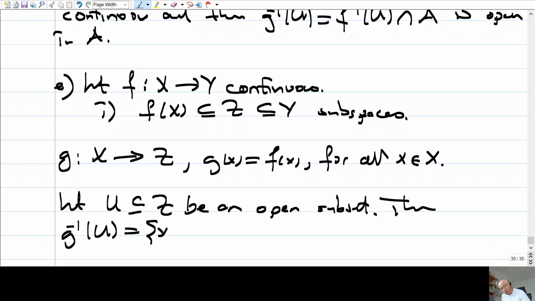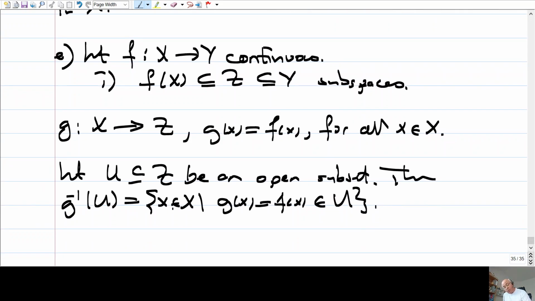Well, this is the set of all x's such that G of x, which is equal to F of x, is in U. I have to be a little bit careful here.